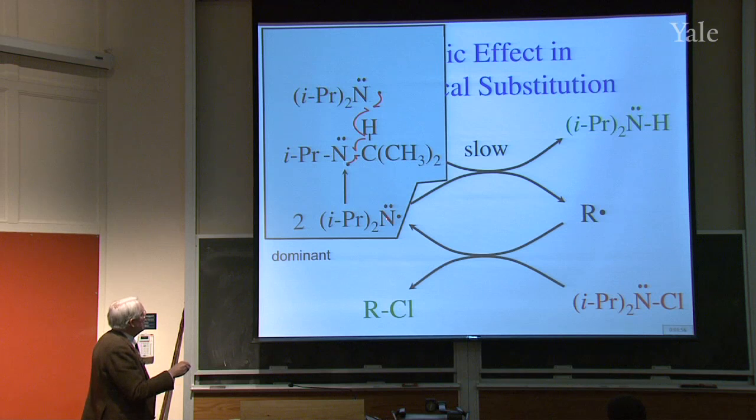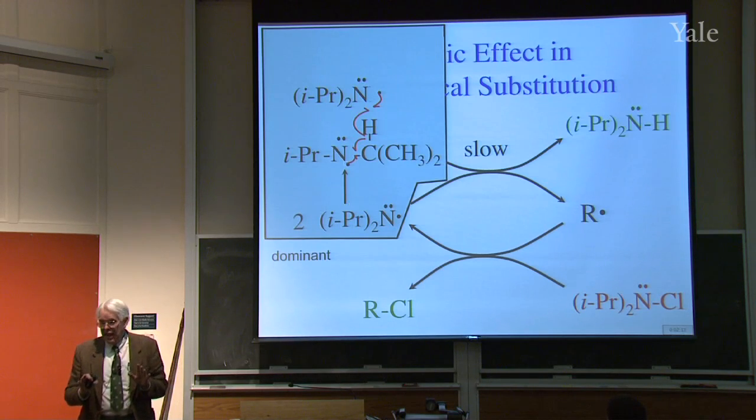We have the free radical, two free radicals can come together in this way that one radical takes a hydrogen from this isopropyl group, the hydrogen here, from the other one. So that's the termination of the reaction, right?